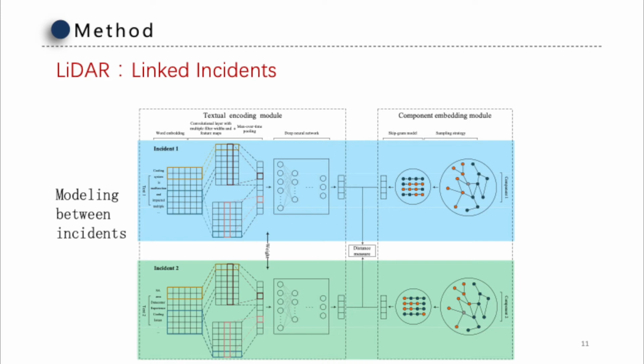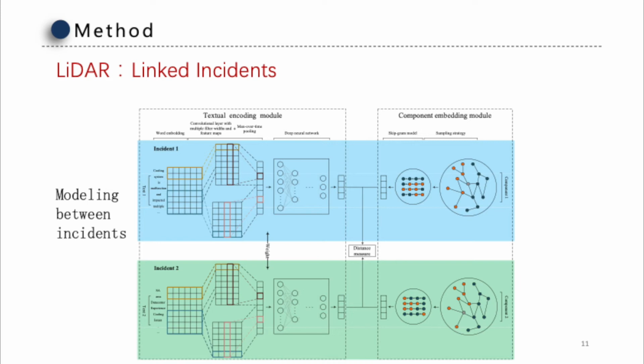To consider both the textual information and the system structure information, we extract two features from each incident for learning: the description of the incident in natural language and the corresponding component that is responsible for the incident.